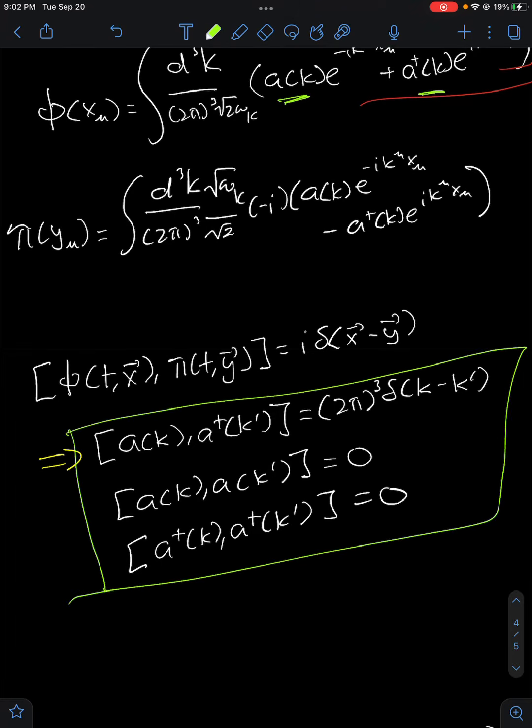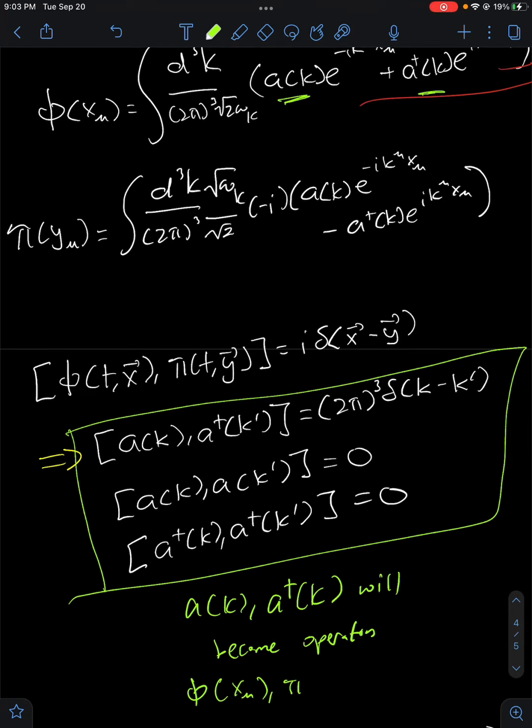And from these commutators, hopefully, a of k and a conjugate k will become operators, and so will phi of x mu and pi of y mu. Again, we are following the intuition of quantum mechanics. They became operators in quantum mechanics, so maybe they'll become operators in field theory.